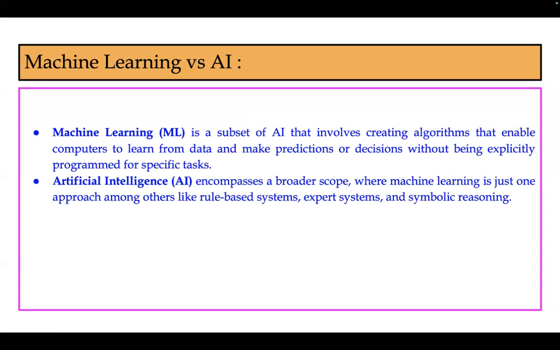Now we come to ML, the difference between ML and AI. We have found that ML is just a subset of AI which helps to bring the ability to do some prediction or to make some decisions without being explicitly programmed, right?